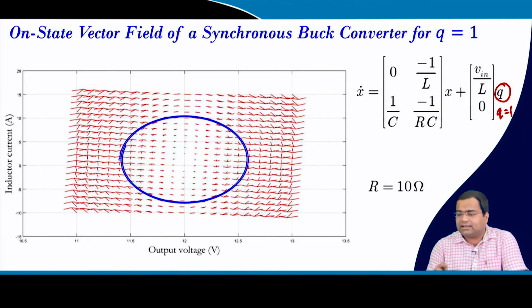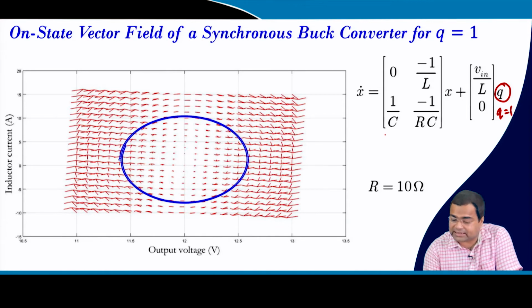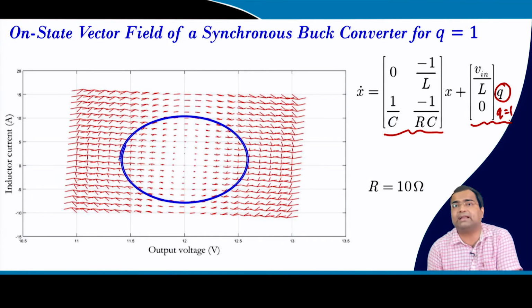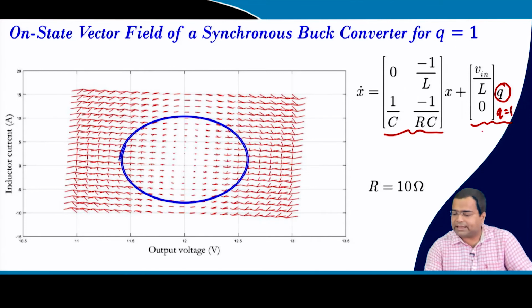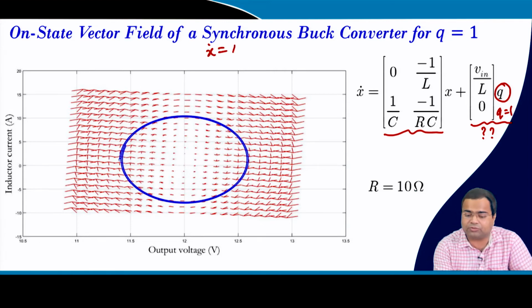What do we get? The trajectory, or the vector field, will be decided by this matrix, whereas this quantity will decide your equilibrium point, that means your operating point. If this quantity is not there, then the origin is the equilibrium point, because we talked about x dot equal to Ax plus Bu.